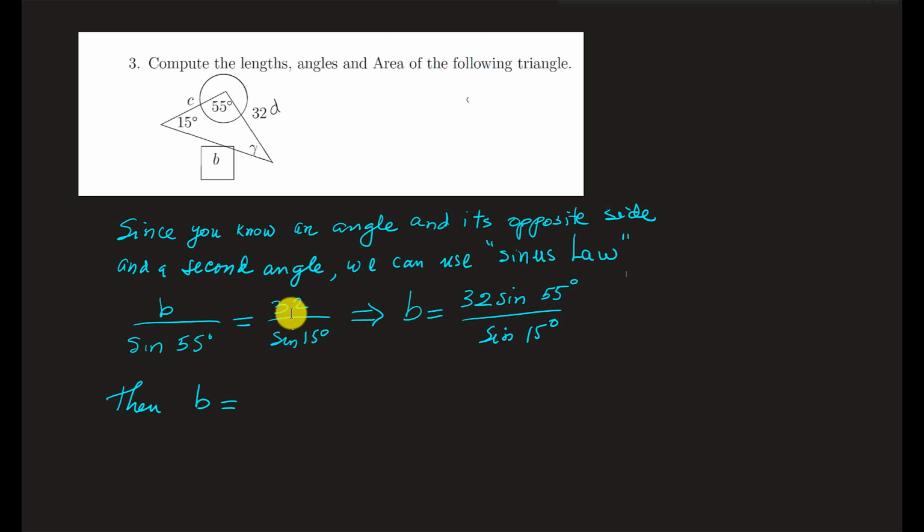So that's the way to compute the length of side b. Then b is equal to 32 times sine of 55 degrees divided by sine of 15 degrees. Let's do it with an FX Casio calculator.